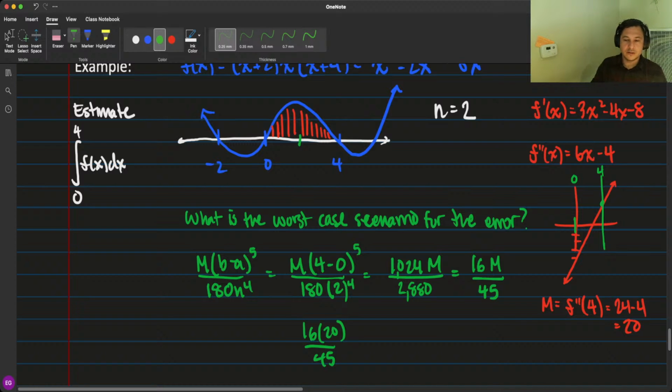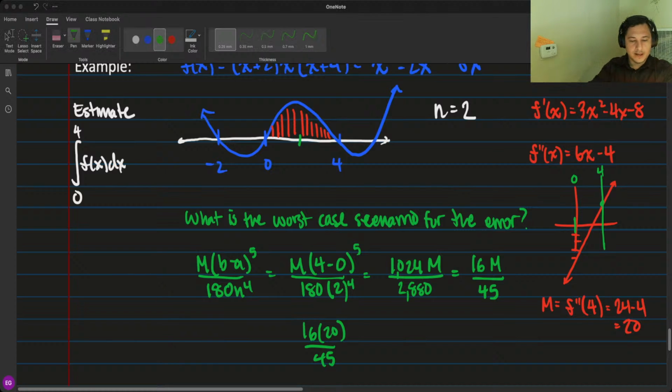Does that answer that question? It's because it's monotonically increasing, it attains its greatest value at 4, which ends up being 20. So now we plug that in, and what is 20 times 16 over 45? That ends up being 64 over 9, which as a decimal is 7.11.